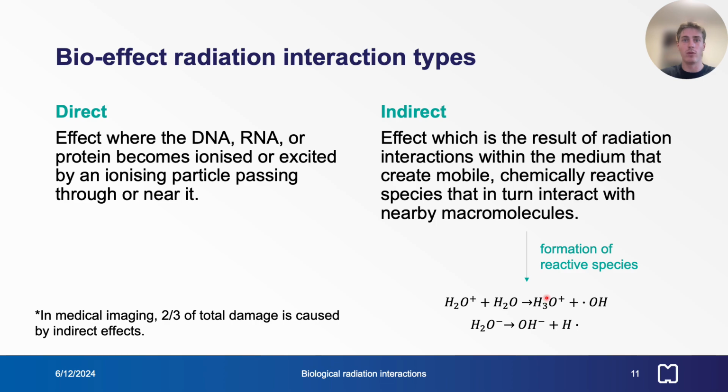So, for example, combining to form hydrogen peroxide, that is highly toxic to cells. And most indirect effects are due to interactions of hydroxyl radicals with biologically important molecules. And it's important to note that in medical imaging, 2/3 of total damage is caused by indirect effects.